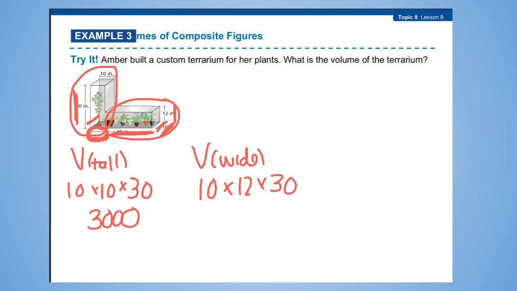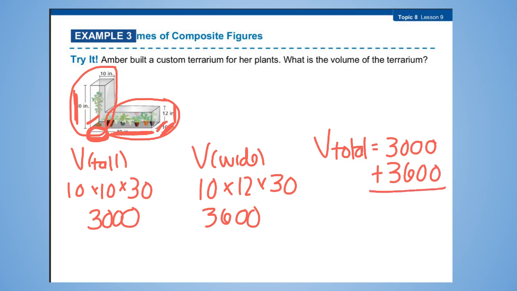So 10 times 12 times 30 is 3,600. And to get the total, I'm going to take the tall guy, I'm going to add the wide guy, and I'm going to get 6,600 cubic inches.